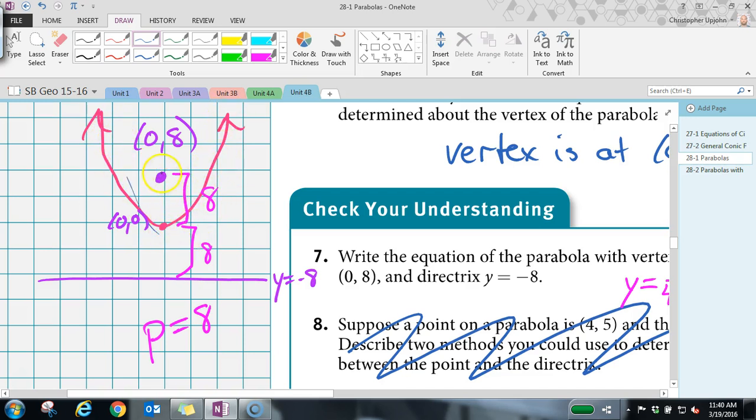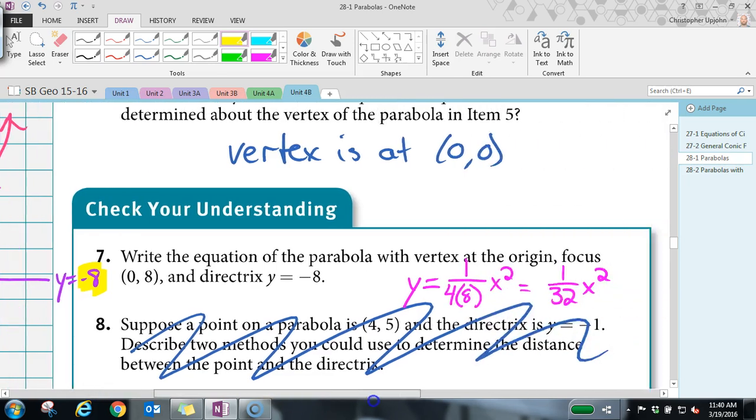My vertex is in between my focus and my directrix, so it's at 0, 0. Now we want to find the distance p between 0, 8 and 0, 0, and 0, 0 and y equals negative 8. Well, if we just look at the y coordinates, negative 8 to 0 is 8, and from 0 to 8 is 8, so p equals 8.